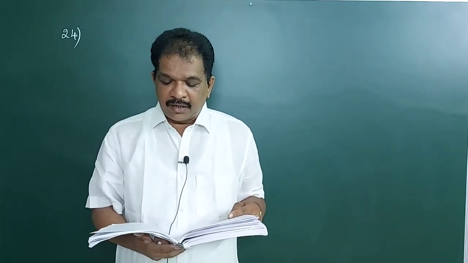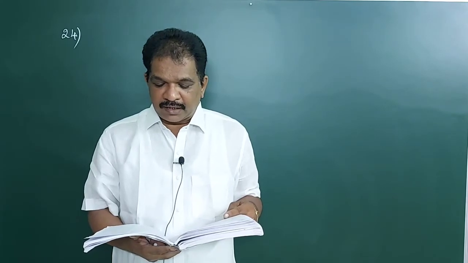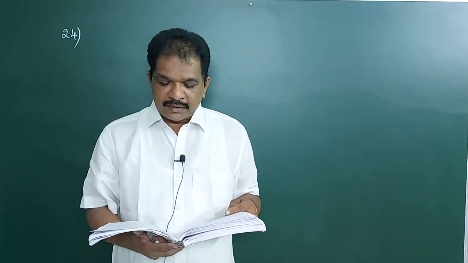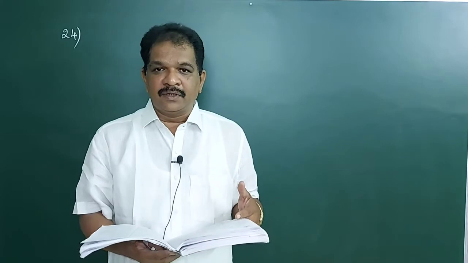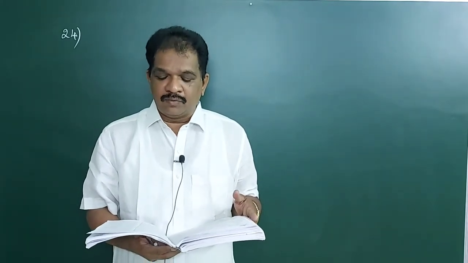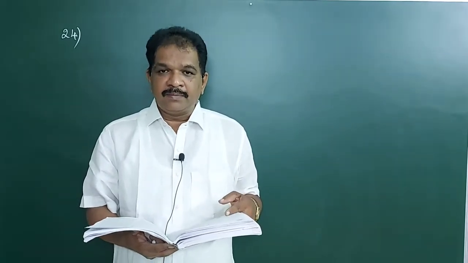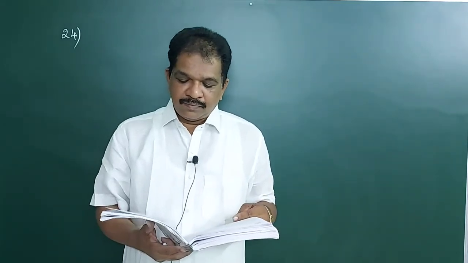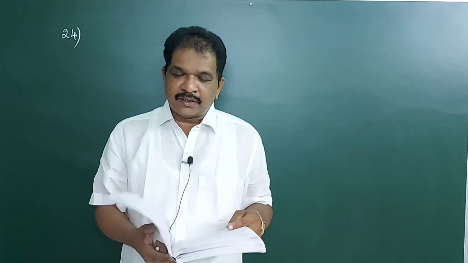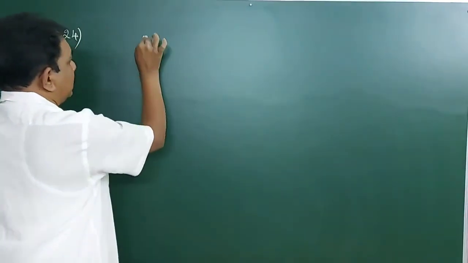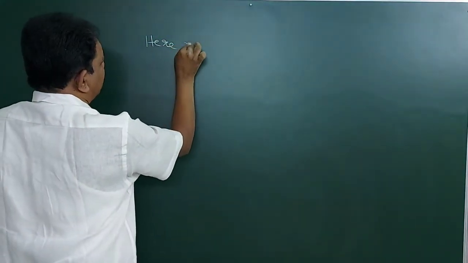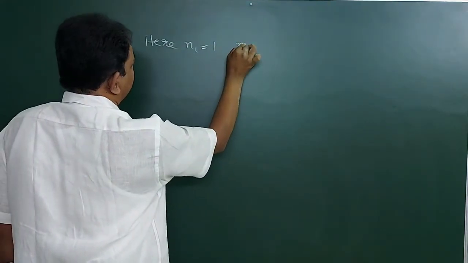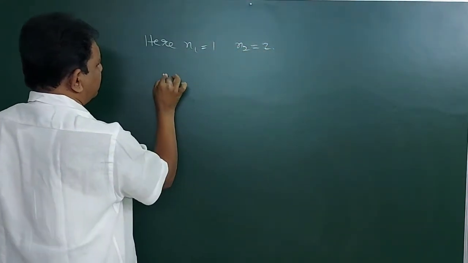The orbital angular momentum of the electron is increased by. It absorbs 10.2 electron volt means it is jumping from first orbit to second orbit. So then what is the change in the angular momentum? Here n1 is equal to 1, n2 is equal to 2.